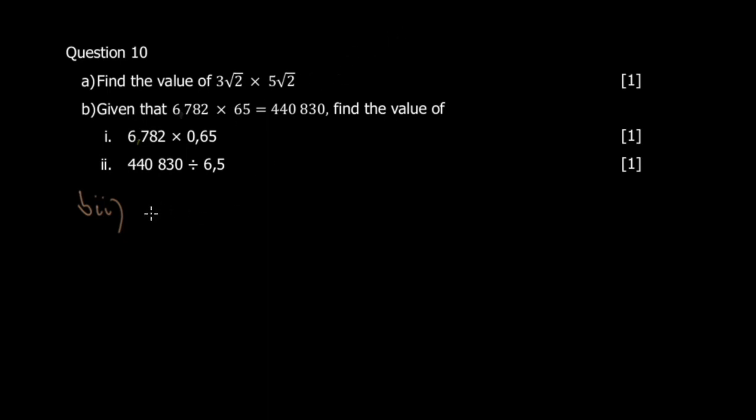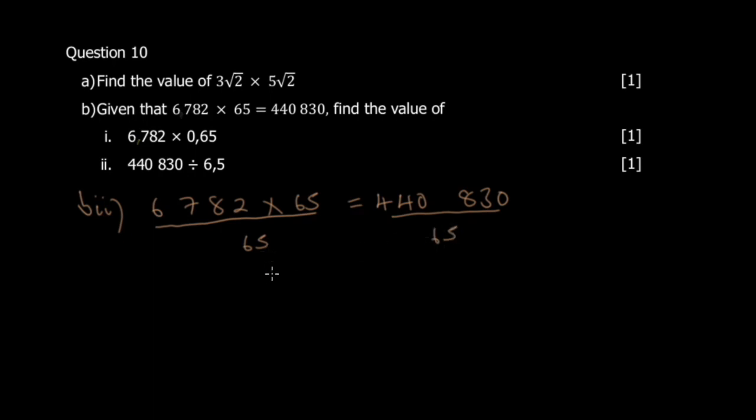So you're given 6,782 multiplied by 65 equal to 440,830. Okay, like this. So here you can divide both sides by 65.